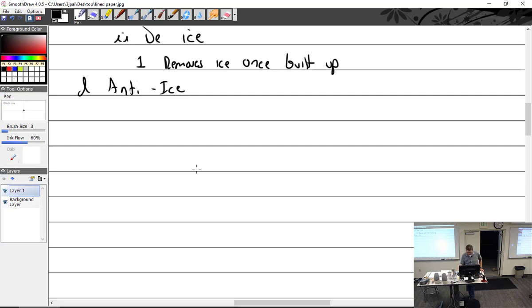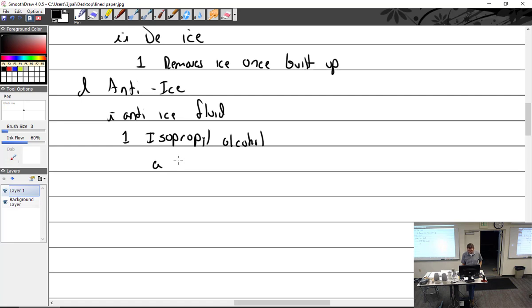All right. So we have anti-ice fluid. This is going to be a fluid system that uses either one of two things, isopropyl alcohol, I suppose scotch would work in a pinch, beer, I don't know.